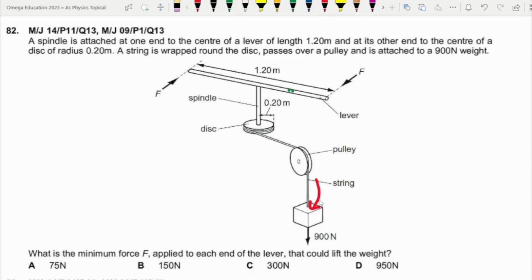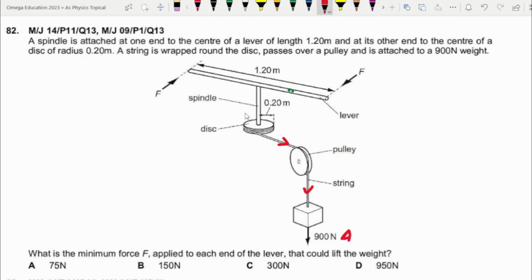See, the string is coming from the front side. So if your 900 Newton weight is being pulled downward, the string would move forward from this side and that would rotate your disc anti-clockwise. So this force is responsible for the anti-clockwise moment. Just try to visualize it.